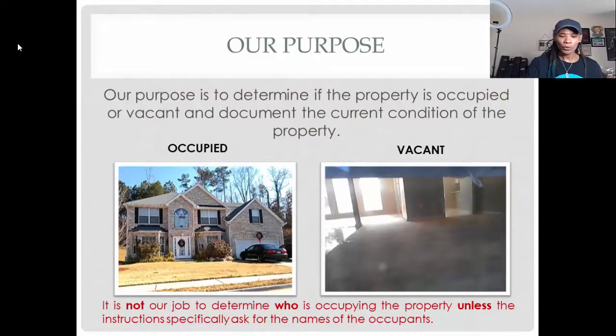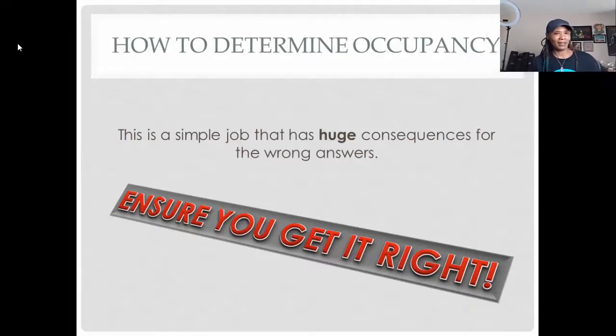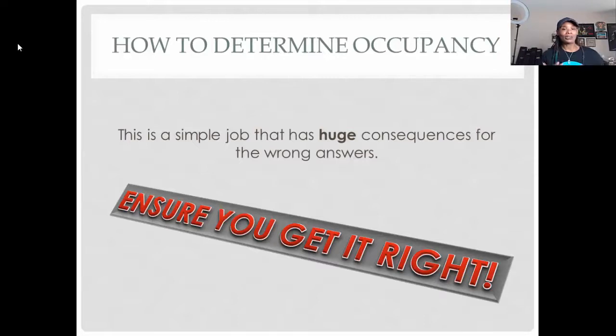All right, we're going to talk about some different ways of how you can determine occupancy on an occupied property. A lot of times it's difficult to determine because some people don't have personal property outside. So it is our job to determine if a property is occupied or vacant.